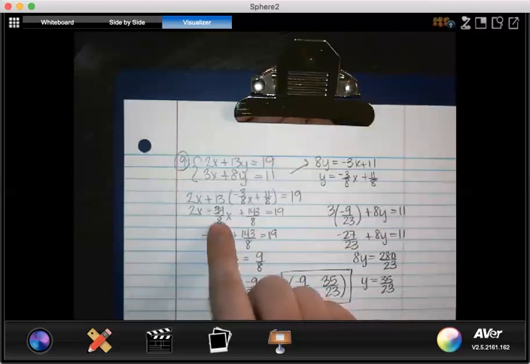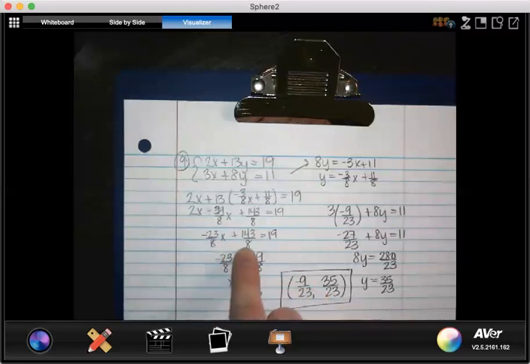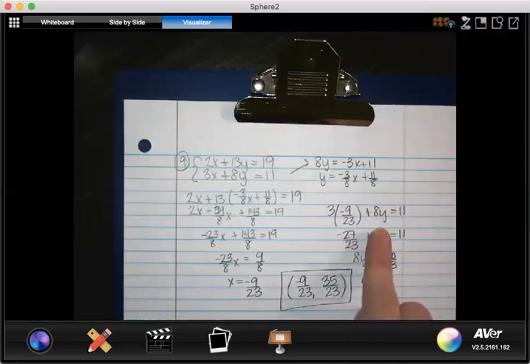Combine 2x and negative 39/8 x, and we get negative 23/8 x plus 143/8 equals 19. Subtract that over, we get negative 9/8, and you should simplify to x equals negative 9/23. Substitute that back in, go through all the math steps, and you should end up with y equals 35/23, or a final answer of negative 9/23 and 35/23.